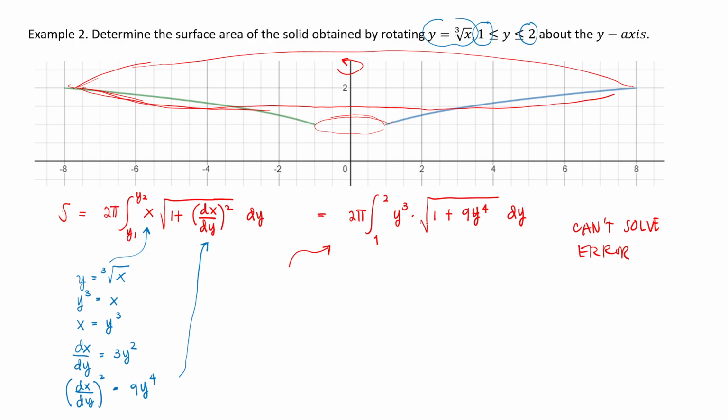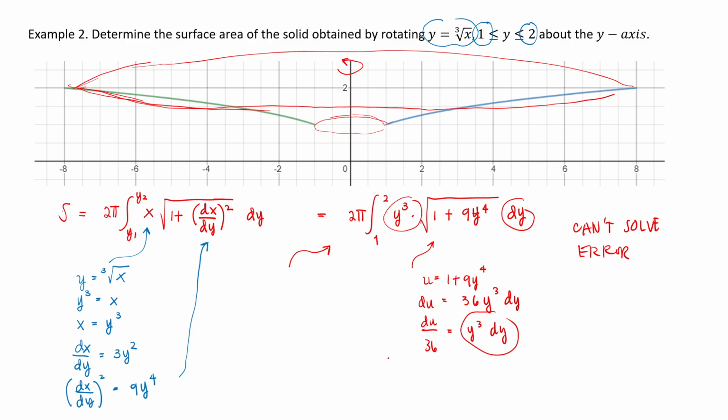So for example, if this one is complicated, you can use u sub here. Let u be equal to 1 plus 9y to the power of 4, and then du is equal to 36y cubed dy. So I can do that. Then I'm going to have du all over 36 equals y cubed dy. So y cubed dy is found in the equation.